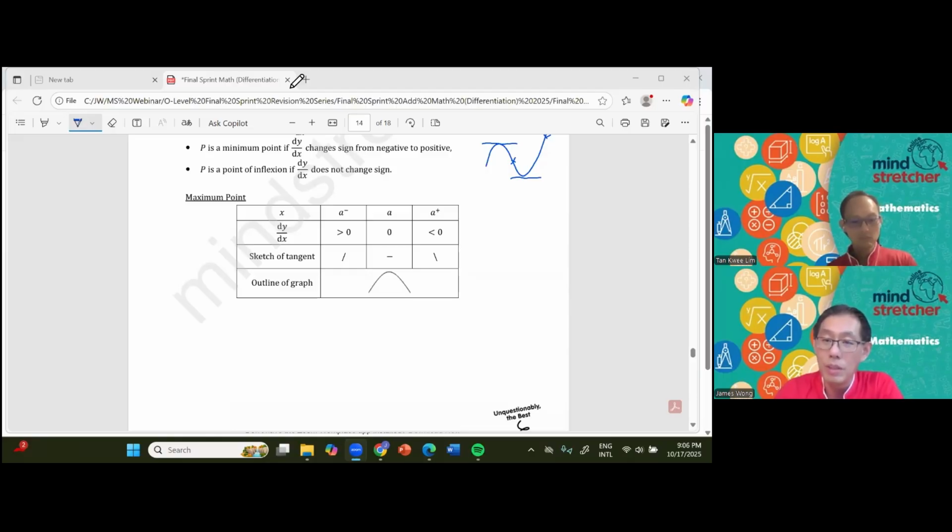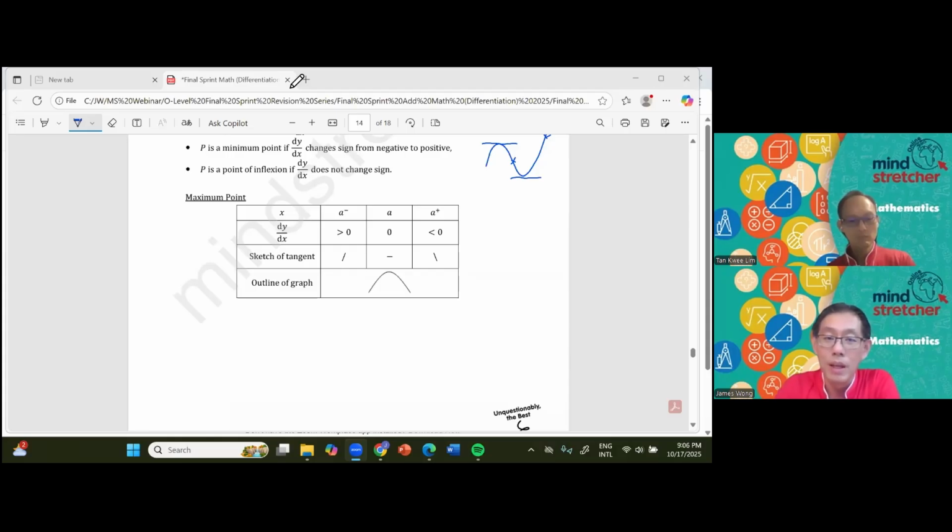You just substitute a value that's slightly smaller and a value that's slightly bigger, and that's it. You just need to determine the sign, whether it's positive or negative. So that is another occasion whereby you may find the first derivative test helpful. These are typically the two types of situation.